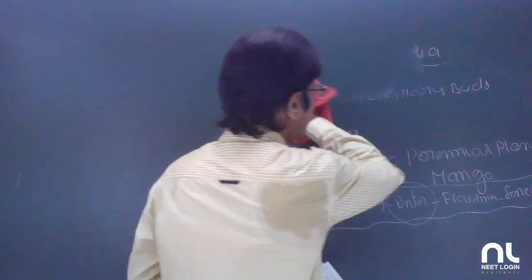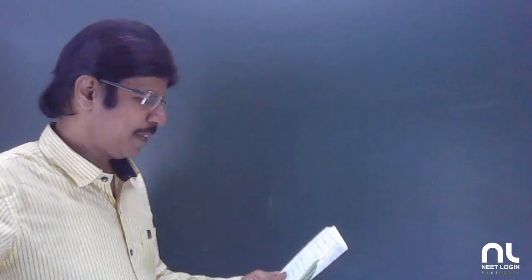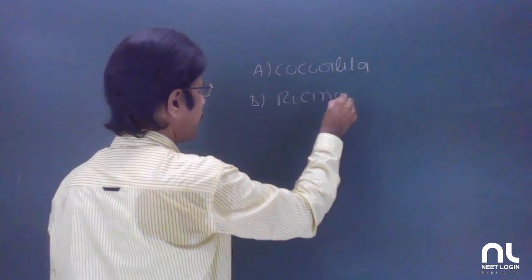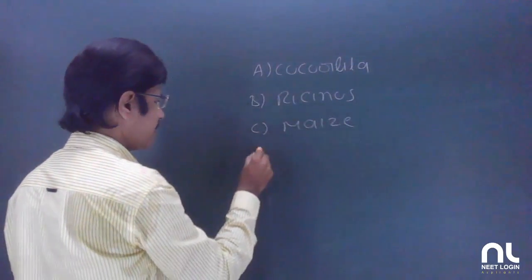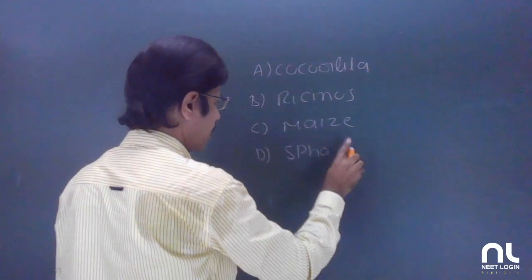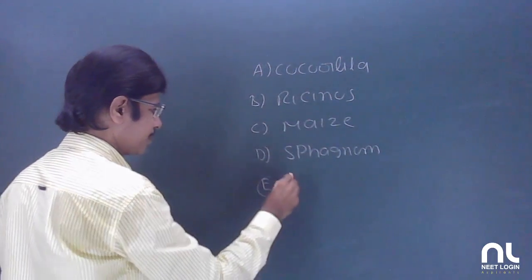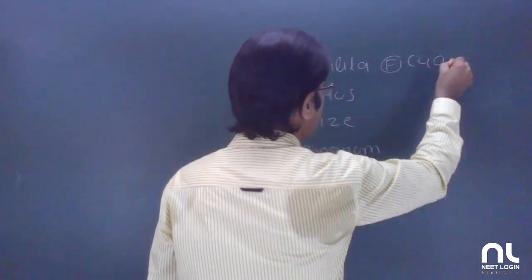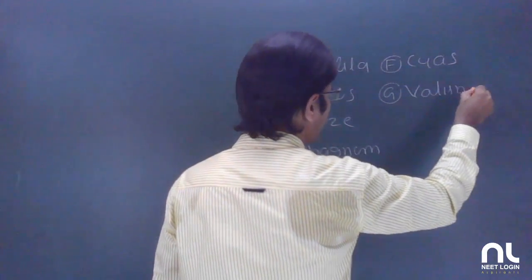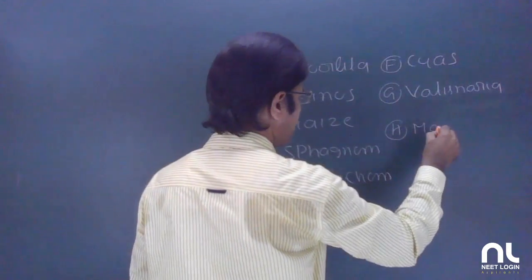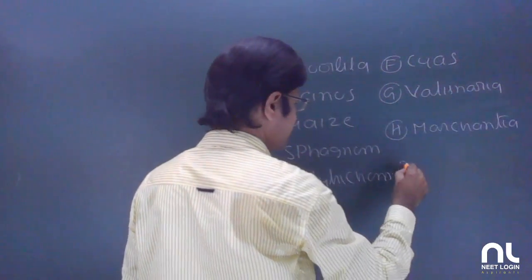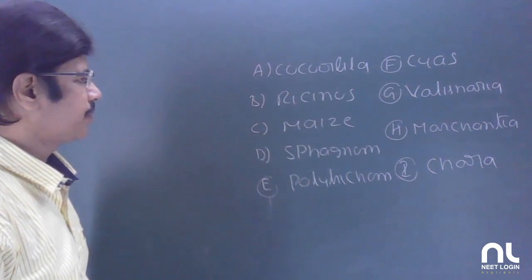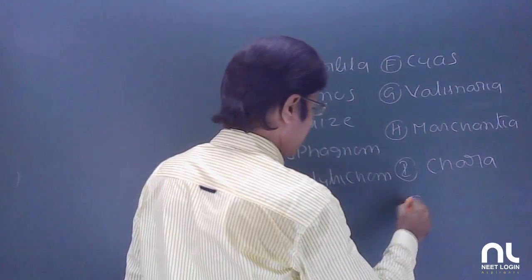So in this list of plants: Cucurbita, Ricinus, maize, Sphagnum, Polytrichum, Cycas, Vallisneria, Marchantia, Chara, Cucurbita and Pinus.